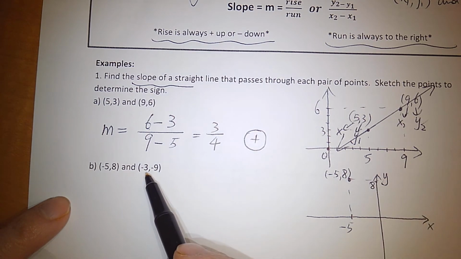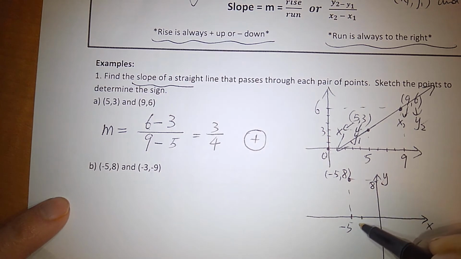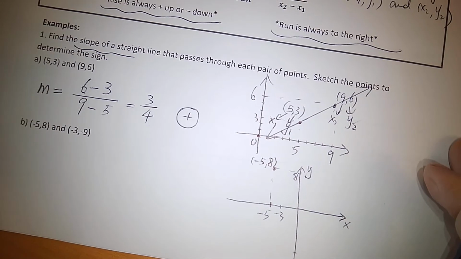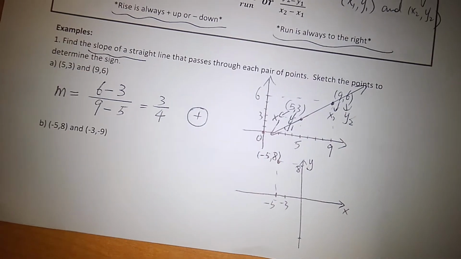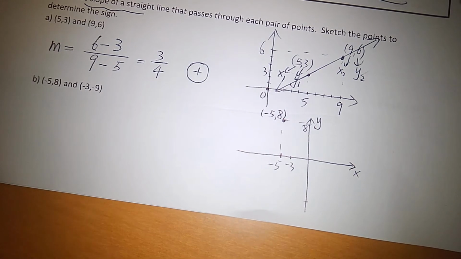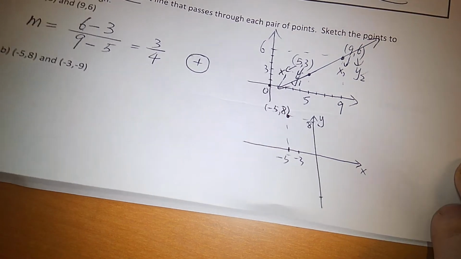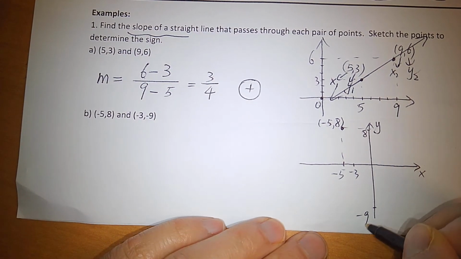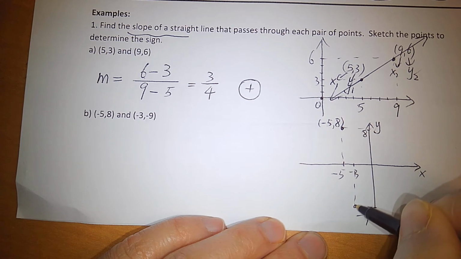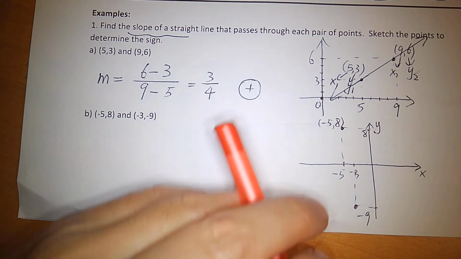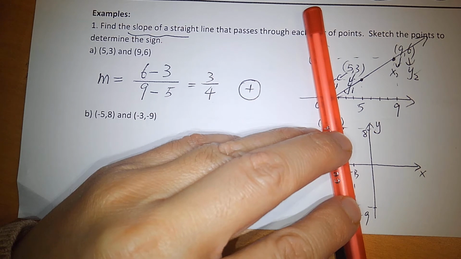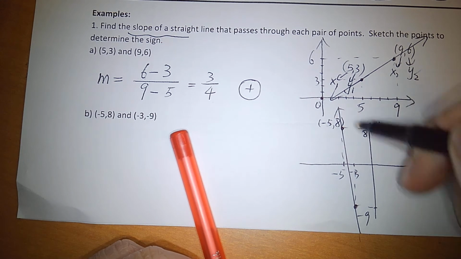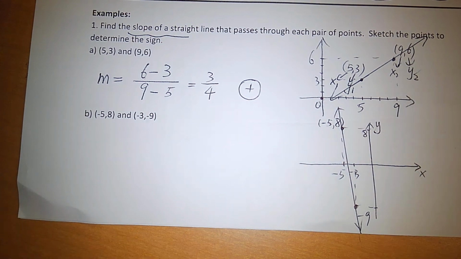The other point is negative 3, negative 9. Alright, so these are our 2 points. Draw the straight line. Which point is our first point?